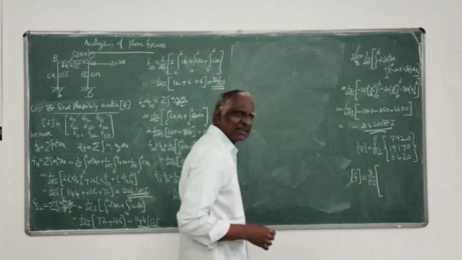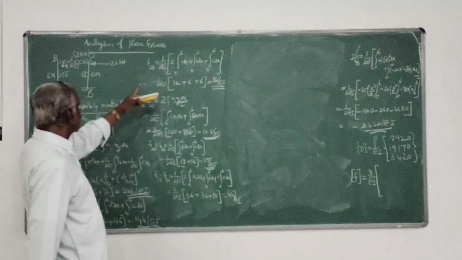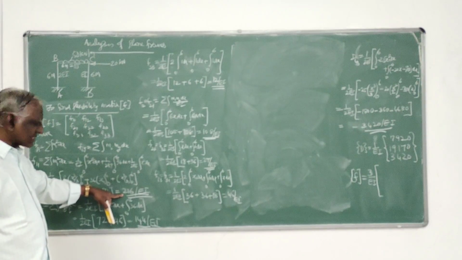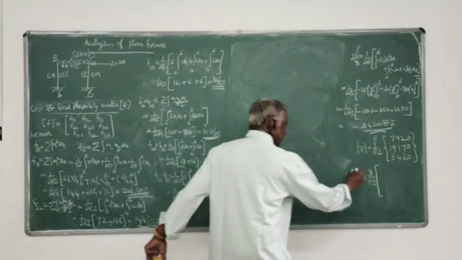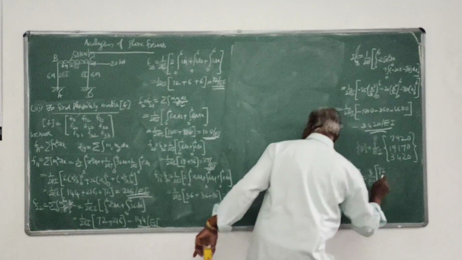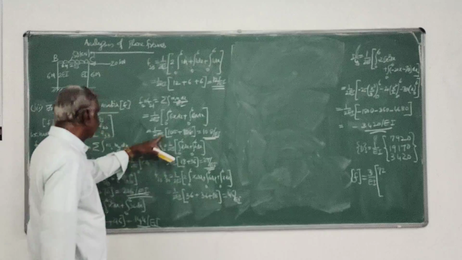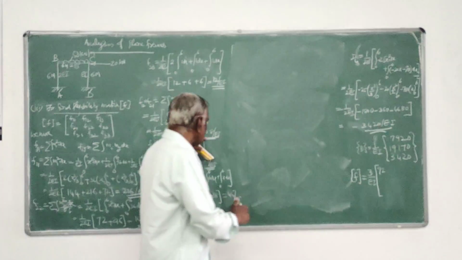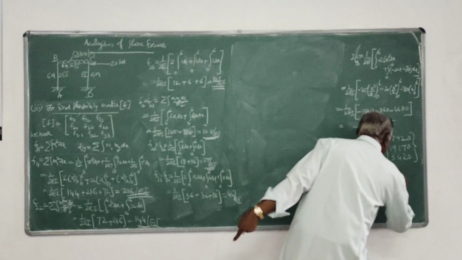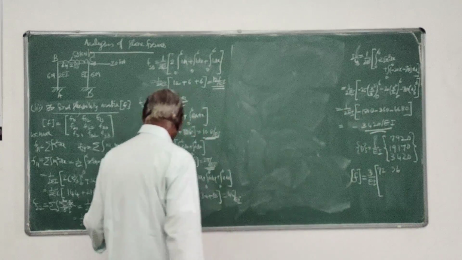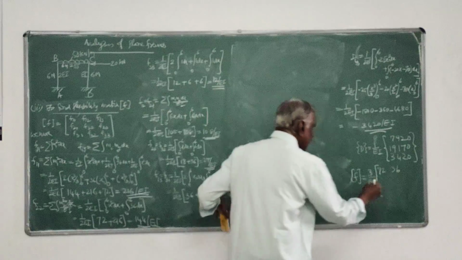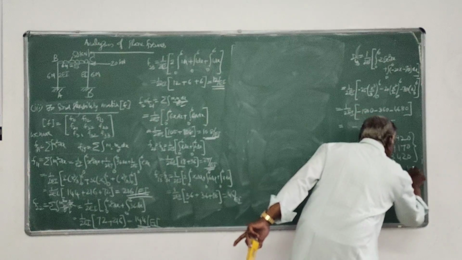3 divided by EI. So F11, 216. 3 I have taken outside, so this will be 72. Then F12 is 108, 3 I have taken outside, 36. Then F13, 45, 3 I have taken outside, so it is 15.